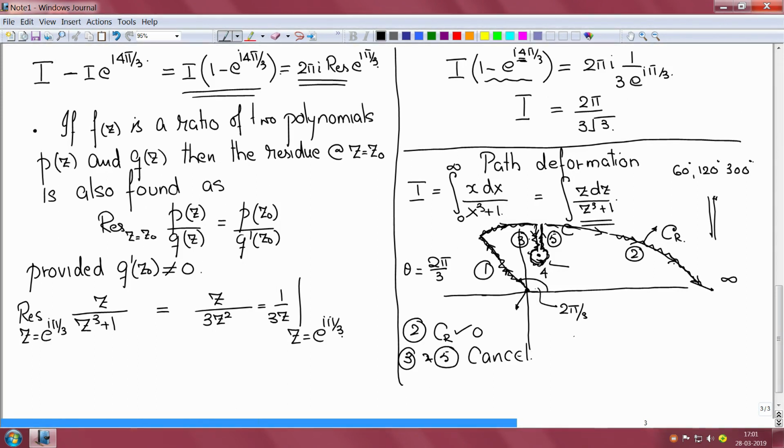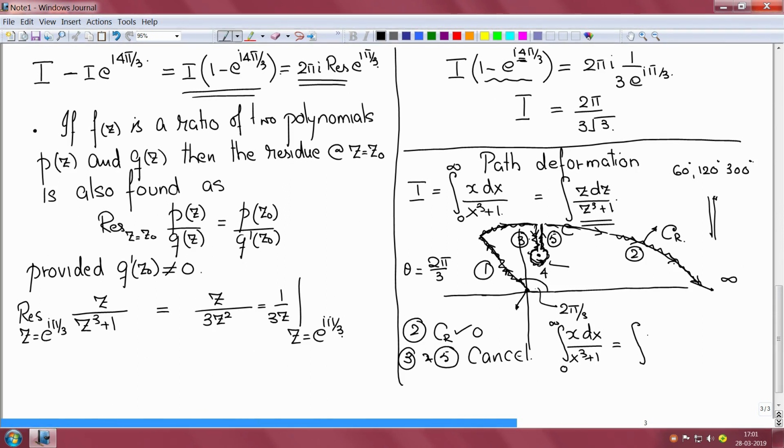I am left with this integral 0 to infinity x dx by x cube plus 1 is equal to the portion 1, which is actually going in the positive direction.